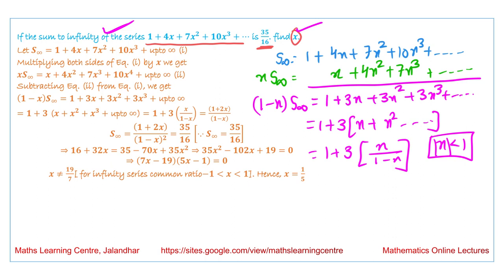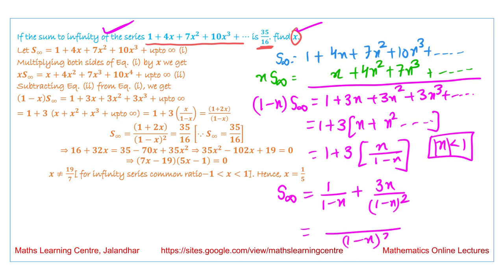So we get the value of S infinity is equal to 1 by 1 minus x plus 3x by 1 minus x square. So this is equal to 1 minus x plus 3x over 1 minus x square. So this is equal to 1 plus 2x over 1 minus x square.